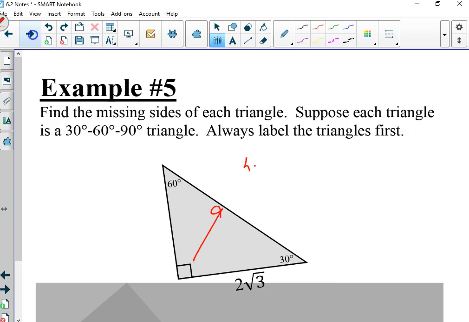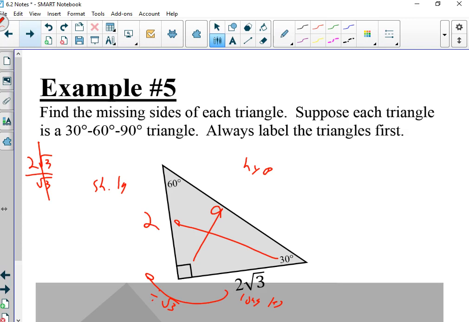Again, label: hypotenuse, short leg, long leg. Again, we are going to divide by radical 3. It's kind of easy on this one, because when you divide by radical 3, look what happens. They cancel. So this is 2. Once we know the short side, we multiply by 2 and get 4 for our hypotenuse.